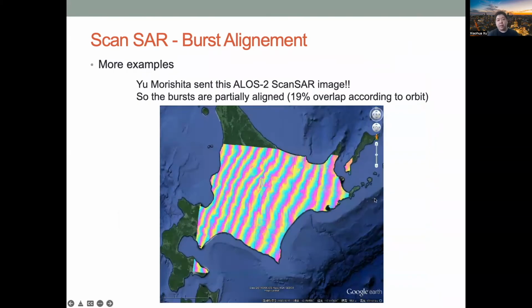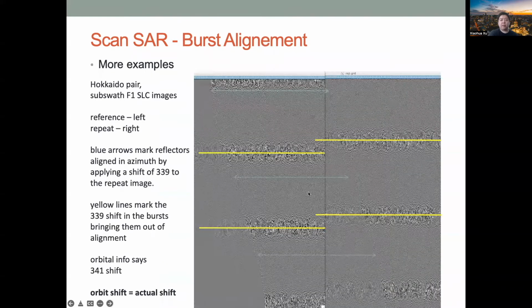Here's another example by Morishita, from the early ALOS-2 ScanSAR data over the Hokkaido island of Japan. This has about 19% of burst overlap, and you need to do a lot of filtering to get coherent fringes. Actually, if you dig into this pair just a little bit further, you can almost directly see how the radar bursts are misaligned.